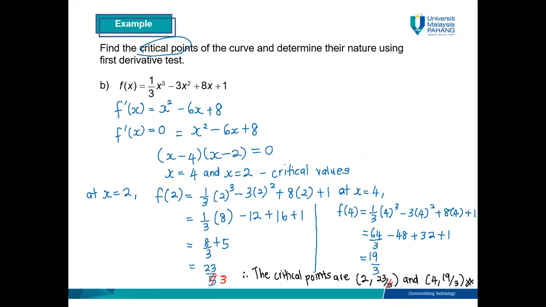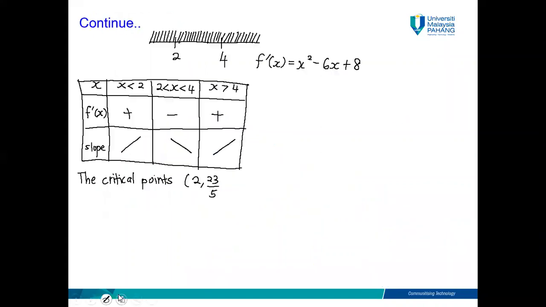Here too. Sorry, I just noticed here it is 23 over 3 actually. So the critical points are 2, 23 over 3 and 4, 19 over 3.